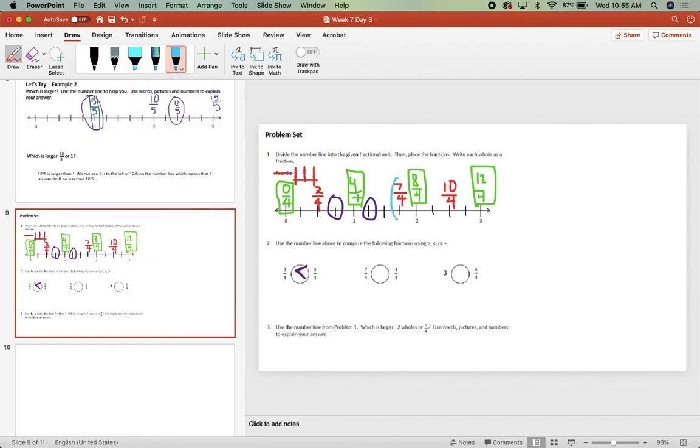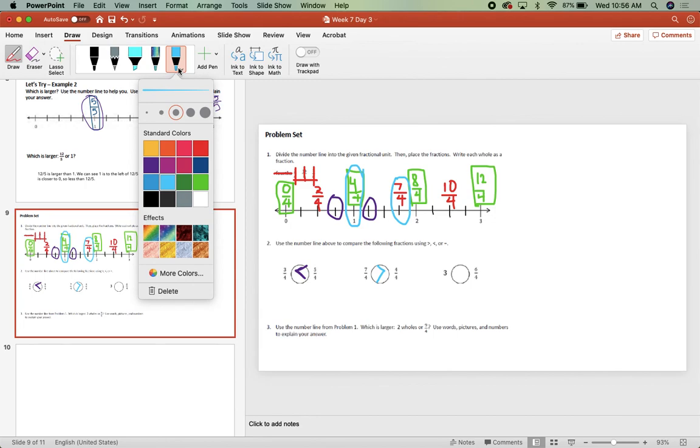7/4, there it is. And 4/4. Which one's closer to 0? Yep, 4/4 or 1 whole. 7/4 is almost 2. So 7/4 is greater than 4/4. Or 4/4 is less than 7/4. All right.